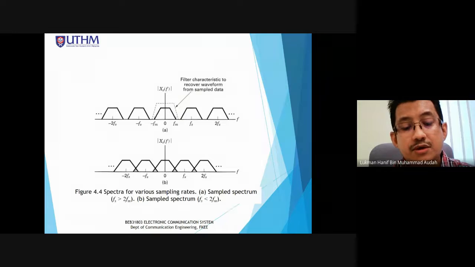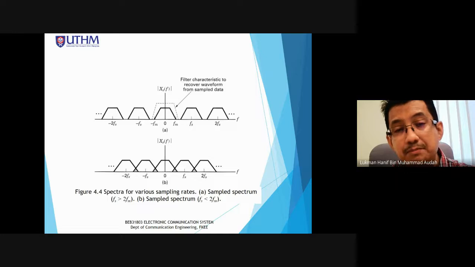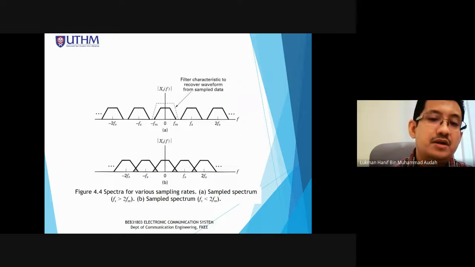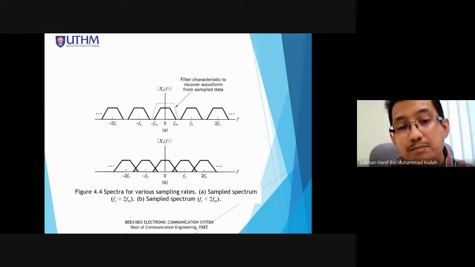Okay, so if you see from here, the above picture is the sample taken. If the sampling rate is more than 2 FM, you're going to see in the frequency domain the sample symbols, okay, the sample data ataupun simbol ini adalah berjarak-jarak antara satu sama lain.